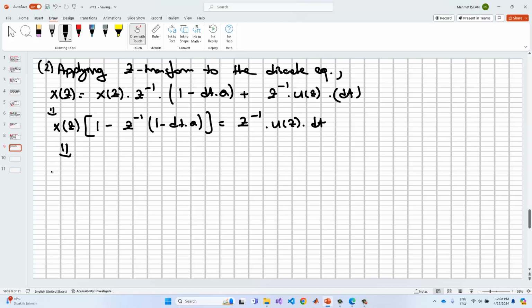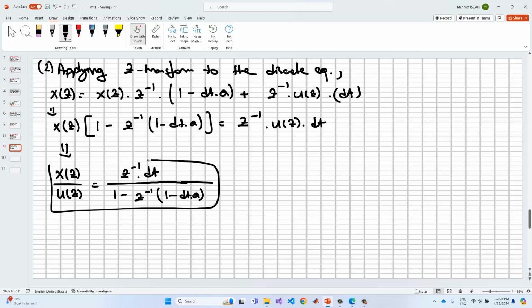And so we have the pulse transfer function in here, X(z) over U(z) is equal to z to the minus 1 dt over (1 minus z to the minus 1 times (1 minus dt a)). These are the general solution or the Z transform of the difference equation. We can solve it using the time domain information or the discrete equation.